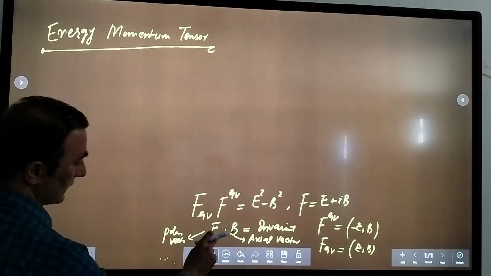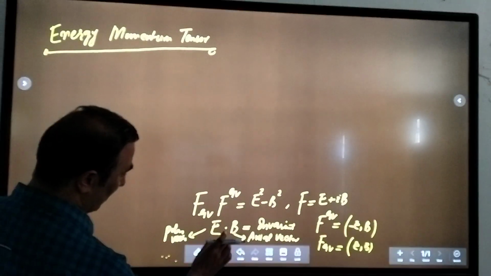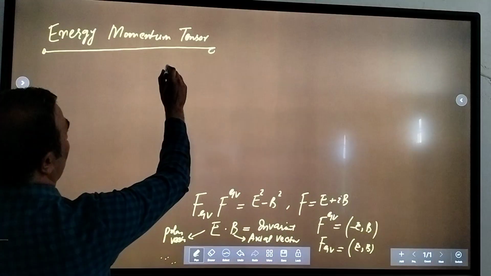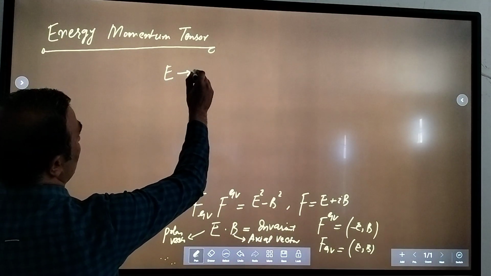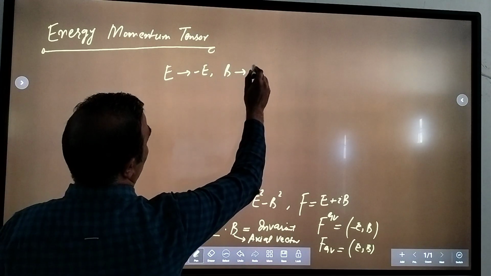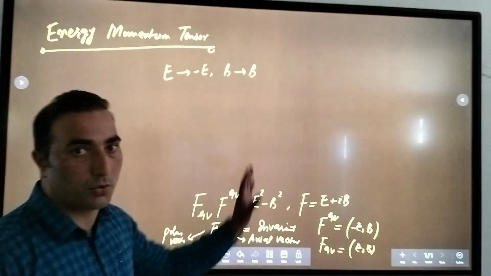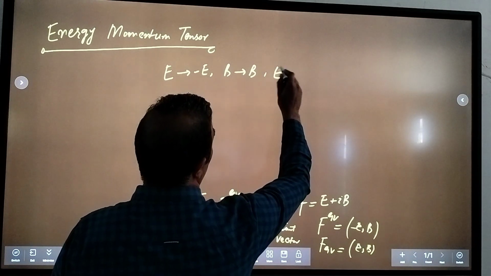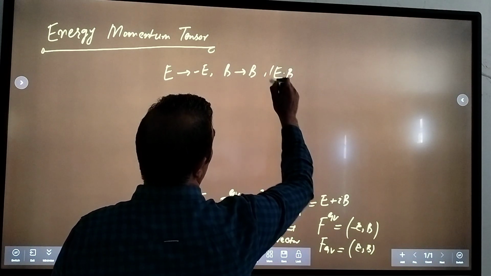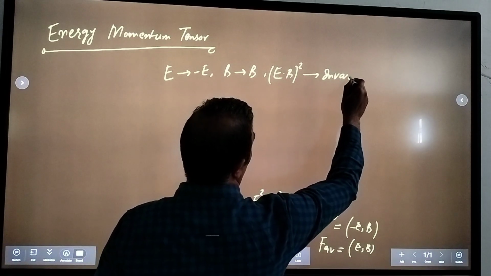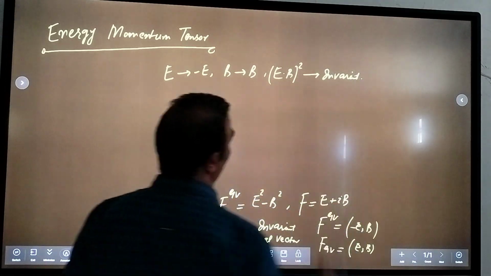So because E dot B remains invariant, E will go from E to minus E, right? And B goes from B to B, right? So when you make the transformation from one inertial frame to another, E dot B remains invariant only. So when you take the square of that, this quantity remains invariant. Okay. So this quantity, E dot B squared, remains invariant, right?